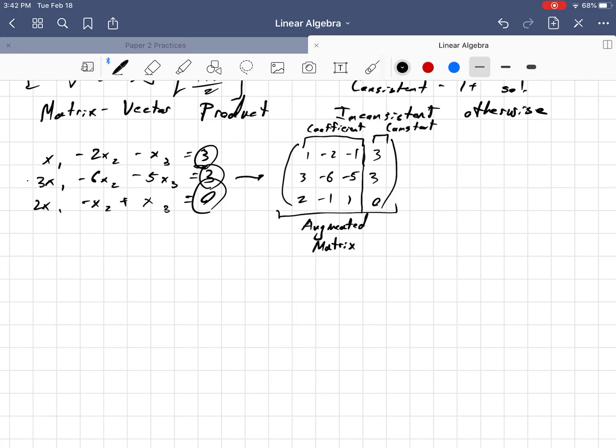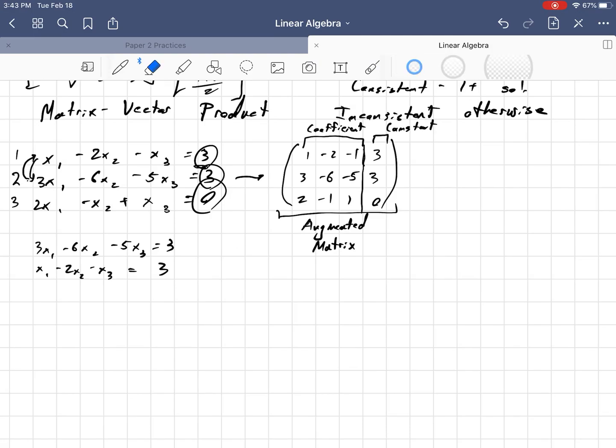So if this is equation 1, 2, and 3, we could put equation 2 where equation 1 is and put equation 1 where equation 2 is. It doesn't matter the order in which we write them. We could write it as 3x sub 1 minus 6x sub 2 minus 5x sub 3 is equal to 3, and then write x sub 1 minus 2x sub 2 minus x sub 3 is equal to 3. It doesn't matter which way we write them.